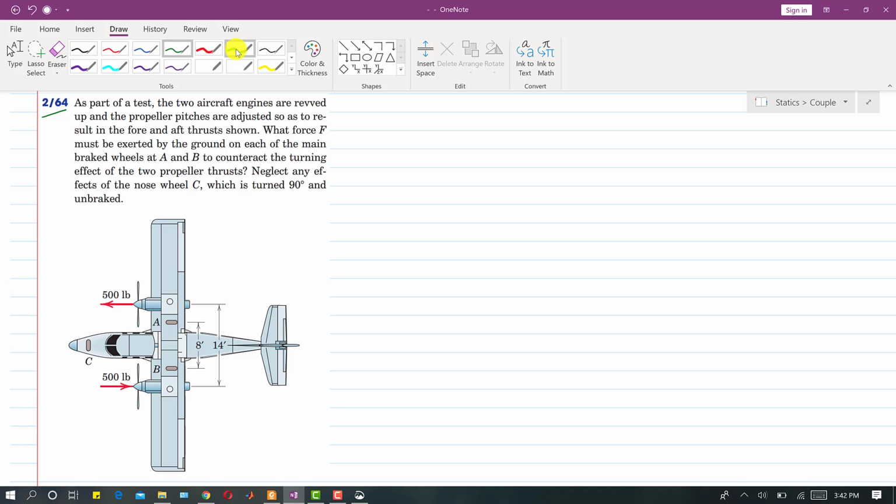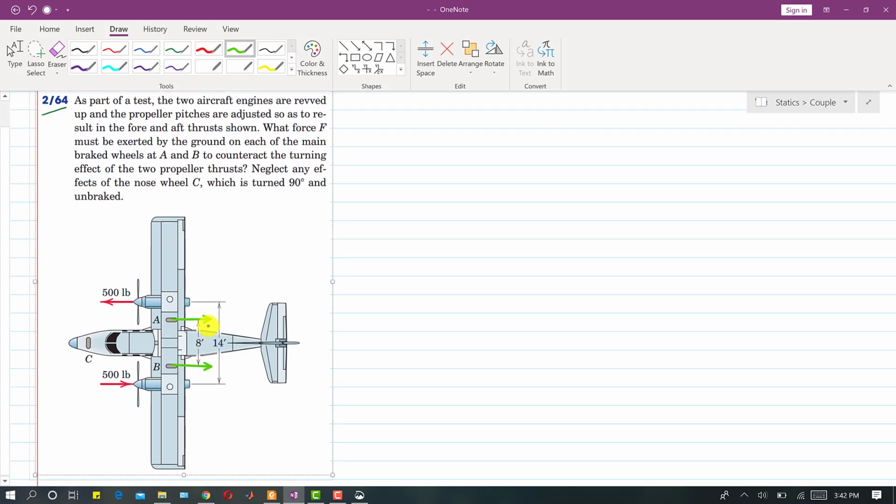So if I draw the couple at A and B, this will be that couple. Let me draw it here. One force will be here and the other force will be at this tire, and the perpendicular distance between these two is 8, right? So this couple and this couple should be acting in opposite directions and they should cancel out.